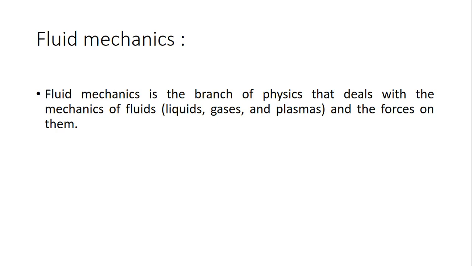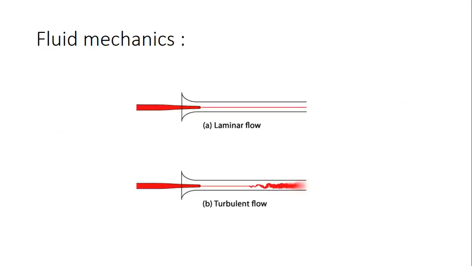To understand, let us take a simple example of the mechanical behavior of the fluid. We can classify the fluid flow as two types. One is laminar flow, the other is turbulent flow. These two types of flow describe the movement of the fluid from source to destination.